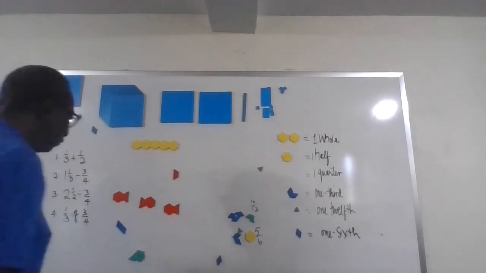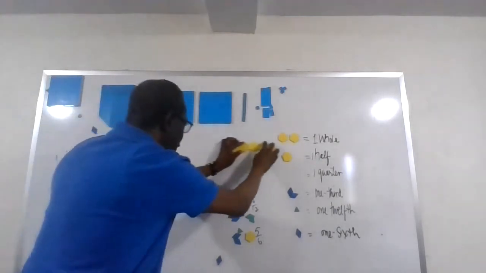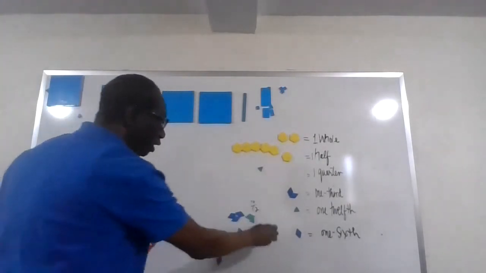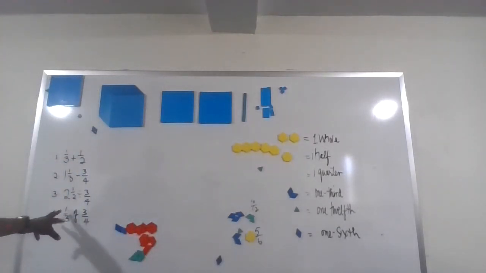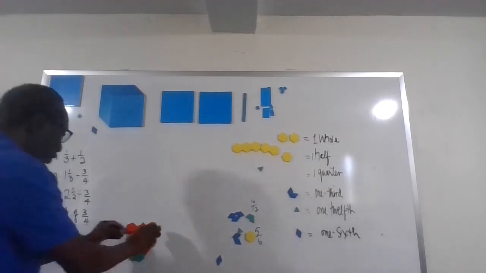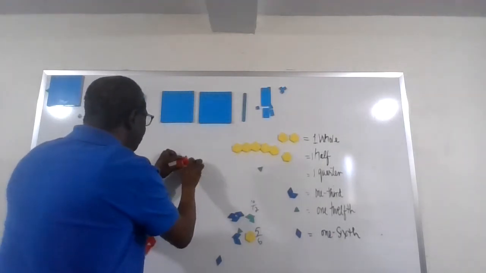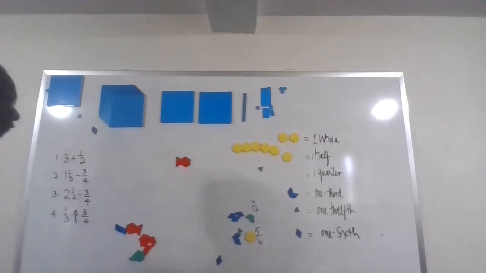1/3 of 3/4. So we will begin with 1/3. Actually, I'm sorry about that. We're taking a third of 3/4. So we must begin with 3/4 because we want to take a third of that. So here is my 3/4. I want to take a third of that.